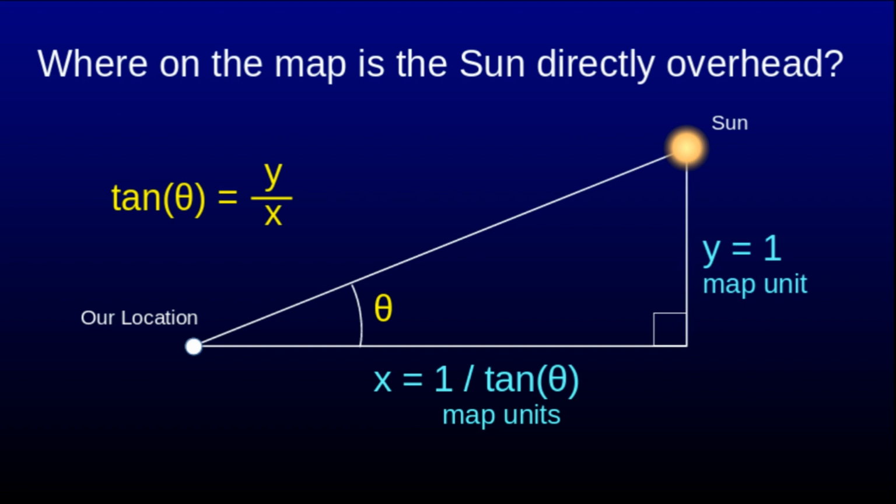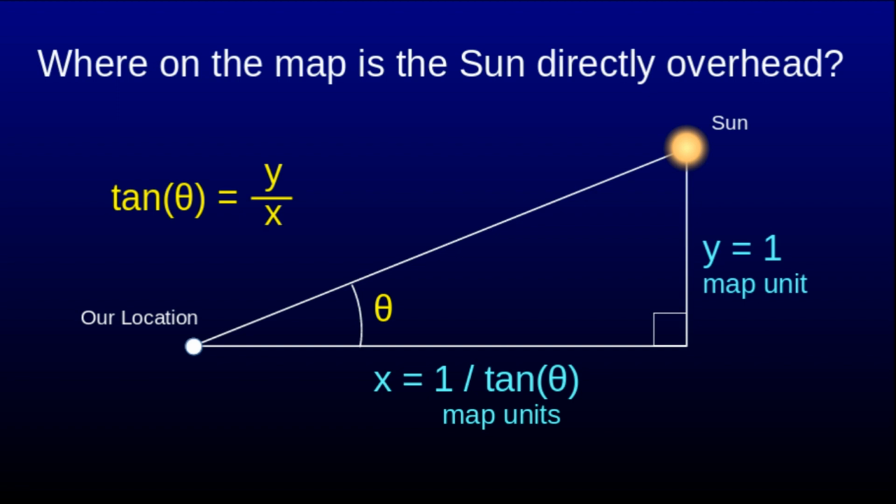So what we'll do is we will scale it by a convenient unit that we will pick. So suppose that you say on your map, and you have a big sheet of paper, that the sun is 1 meter above that paper, above the map. Then you'll call that your map unit.